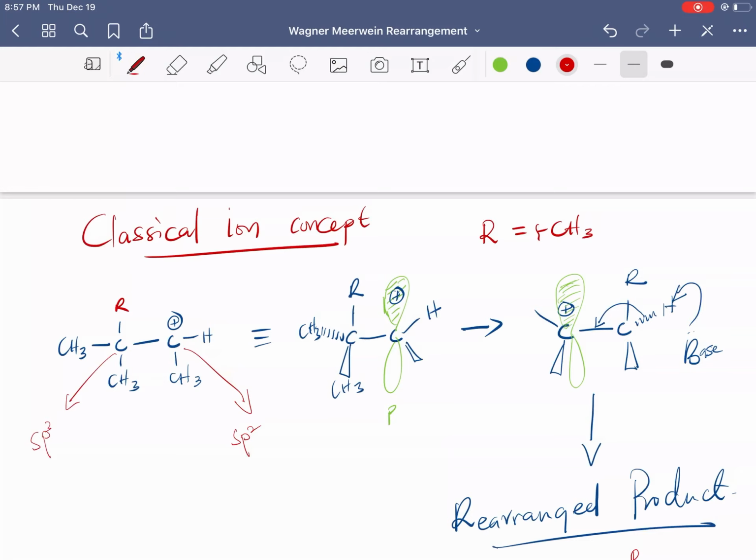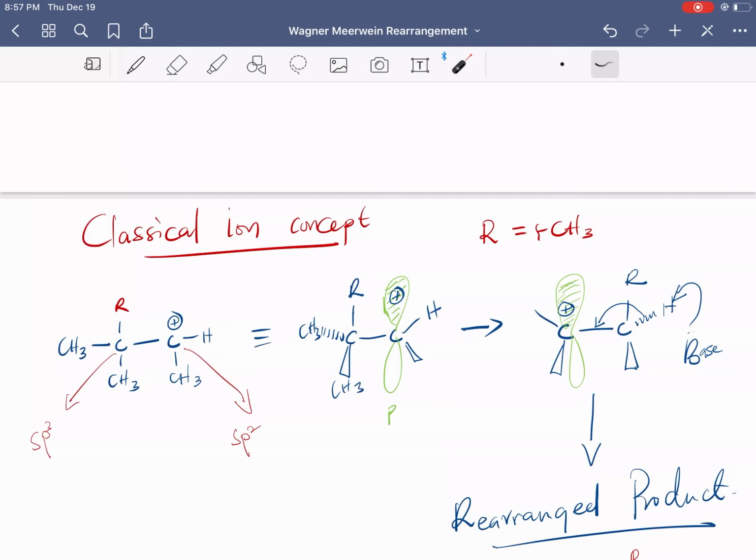So we can represent this with the actual shape of the molecule. These two methyl groups here, one is pointing away, the other is pointing towards us, and the positive charge here is carried in the empty p orbital. It's important to note that the R group here is in the same plane as the p orbital.